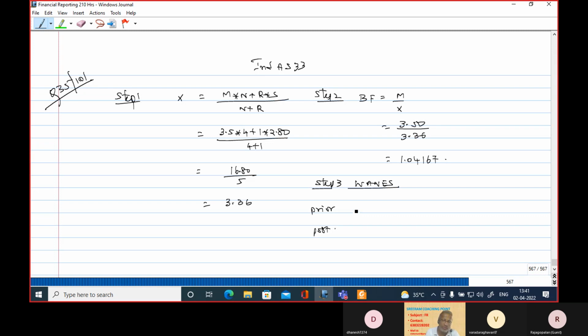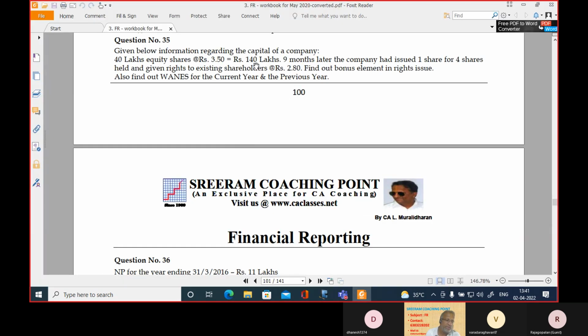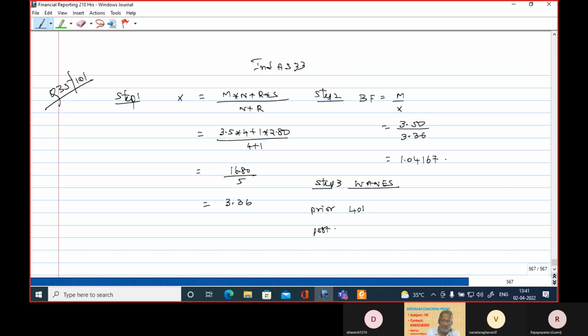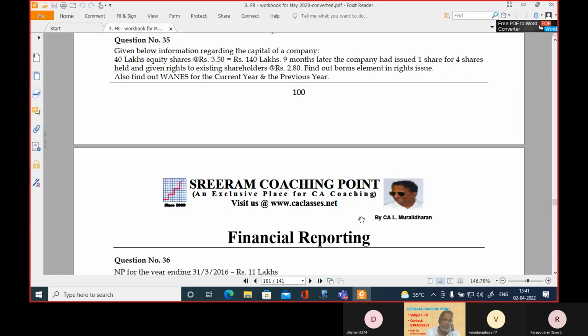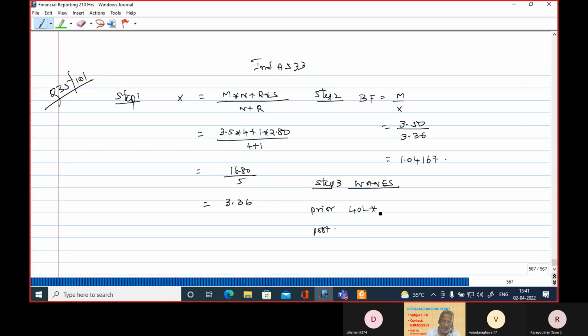That is what we have noted down. How many shares do you have? 40 lakhs. 40 lakhs into how many months? 9 months. 9 by 12 into 1.04167. Then here 40 lakhs plus 1 by 4 into 40 lakhs into 3 by 12.